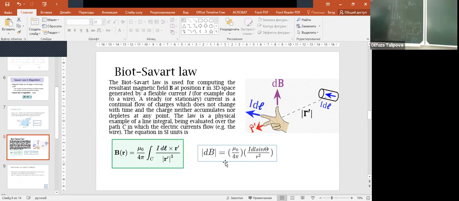This one is the main equation of the magnetic field.